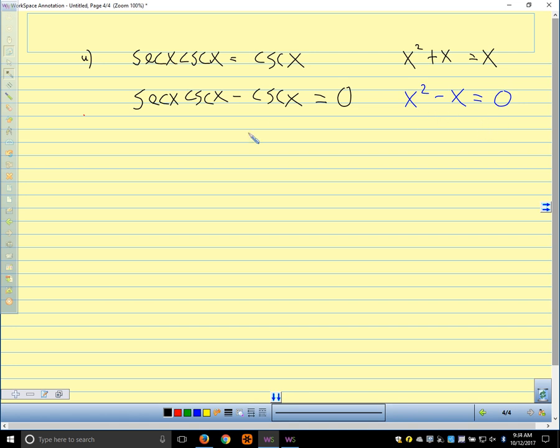Factor. We're going to do the same thing here. Factor that common term of cosecant x. Because what we would do there is say x times x minus 1 equals 0. Same thing here. When we have an equation like this, now what do we do to solve this? What's the only way two numbers can multiply and give us 0?